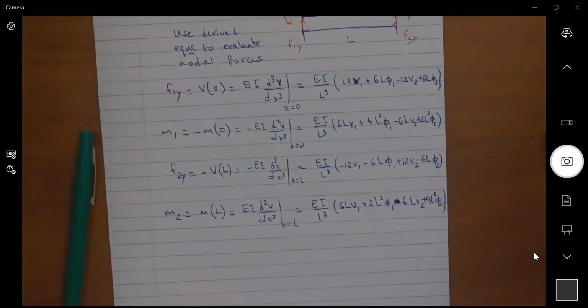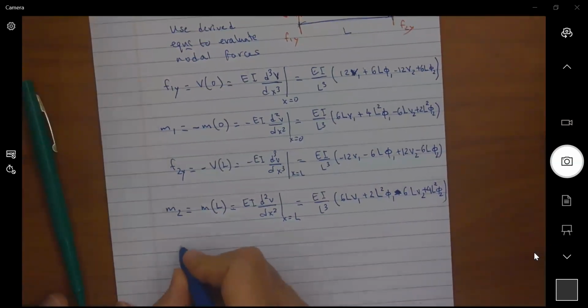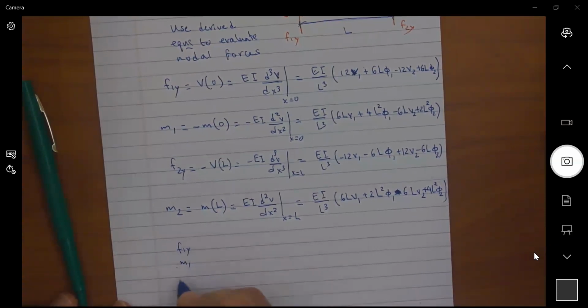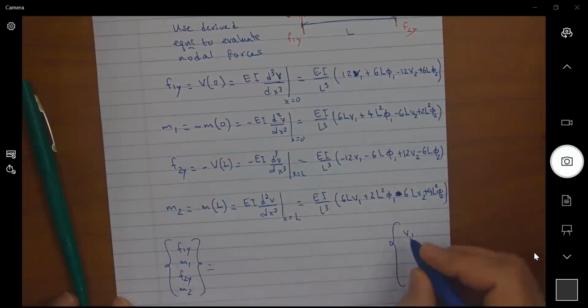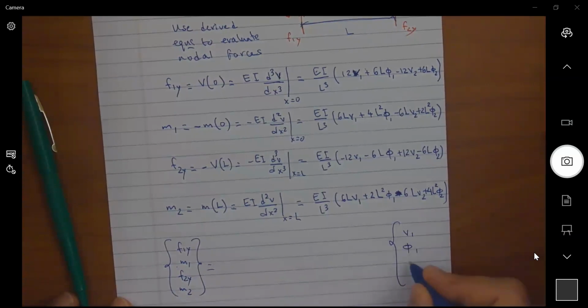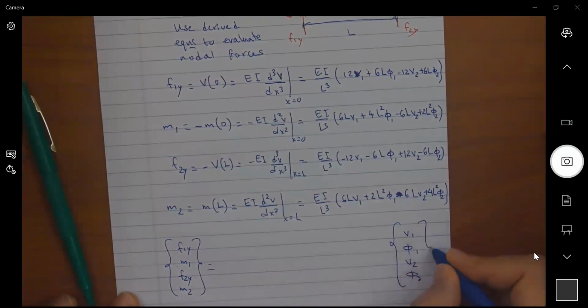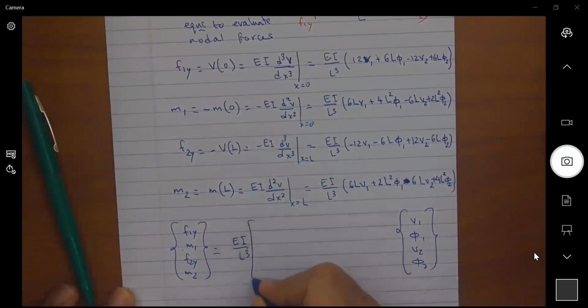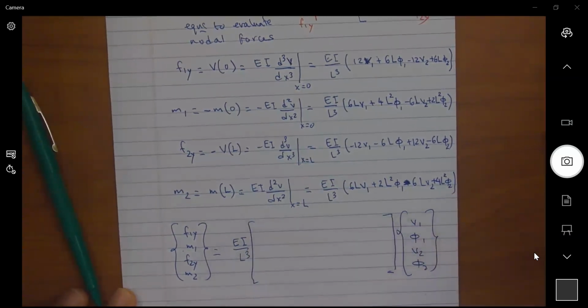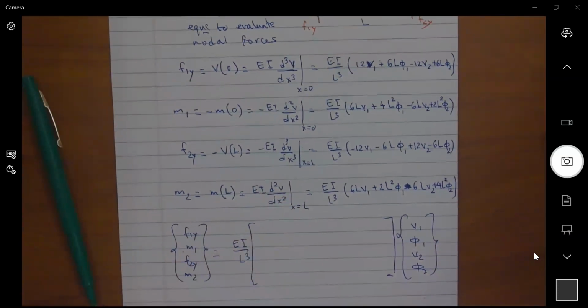I have here 4 equations that relate F1Y, M1, F2Y, and M2 to the nodal displacements V1, phi1, V2, and phi2. I can take EI over L cubed as a common factor and start putting the elements of this matrix.